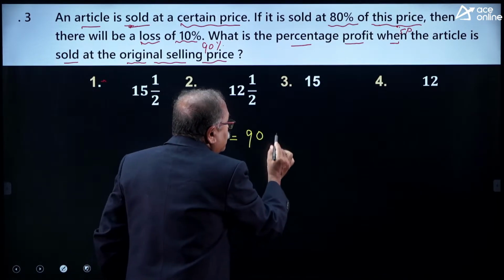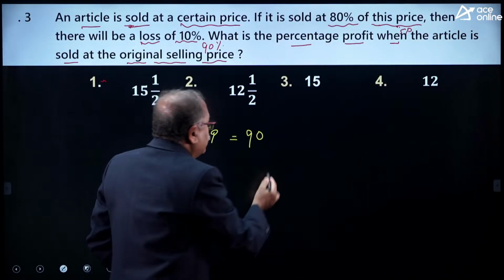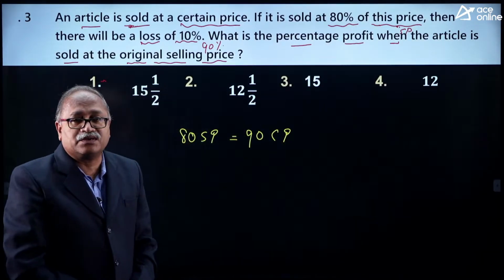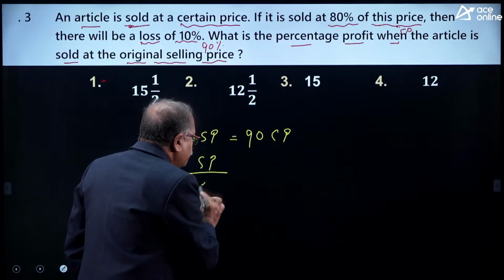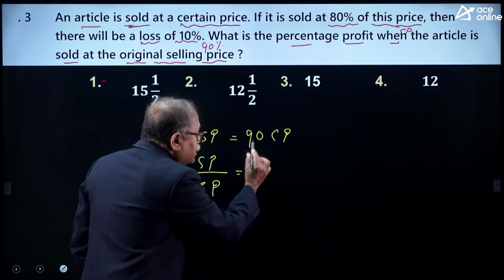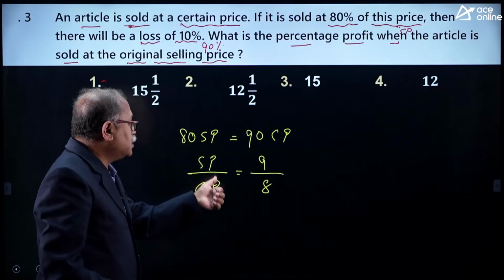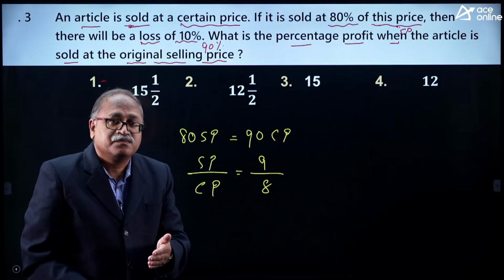So, 90%, I am not writing percentage because both will get cancelled over here. From here I am getting the ratio. What is SP by CP? SP by CP is nothing but 9 by 8. So, if the CP is 8 parts, the SP is 9 parts.